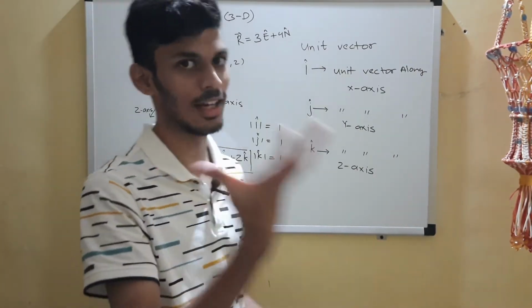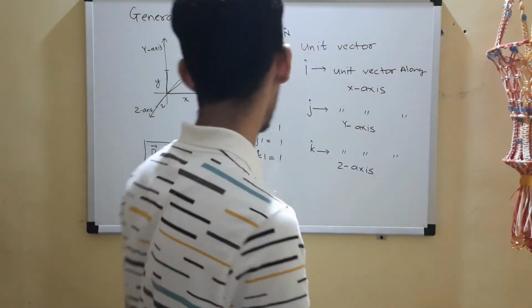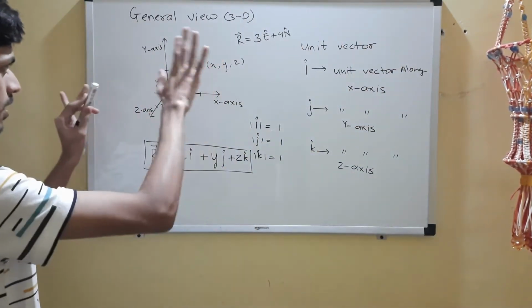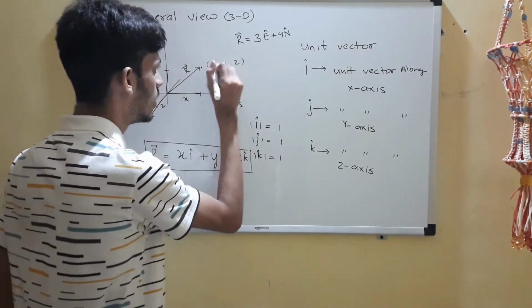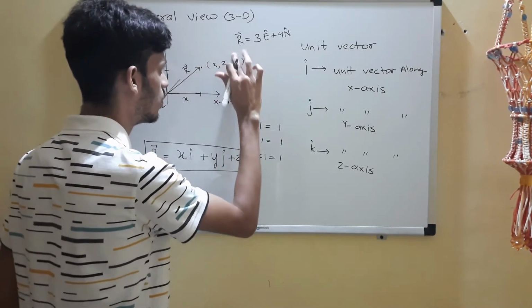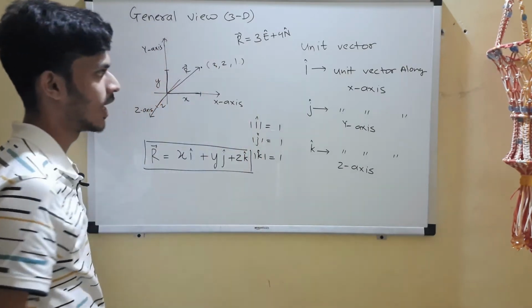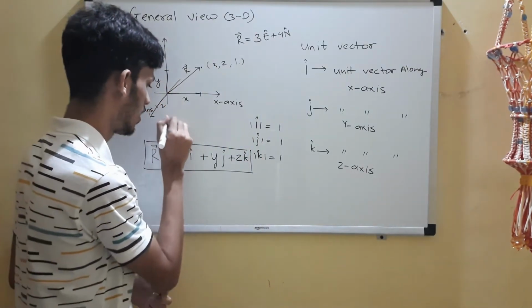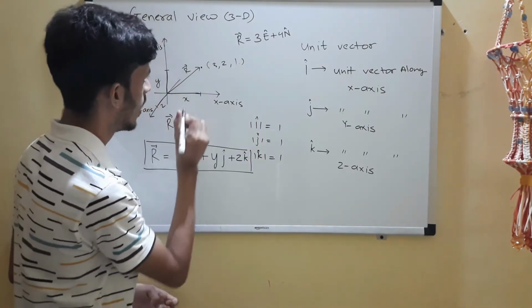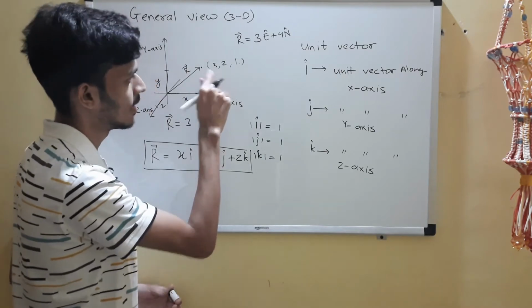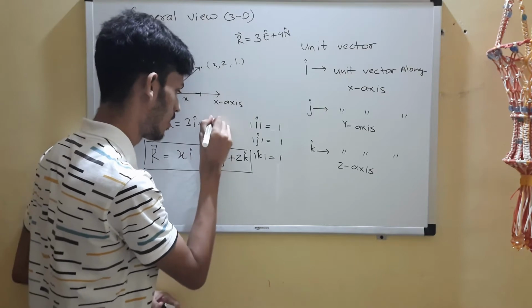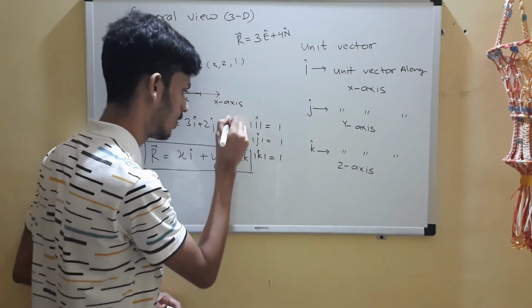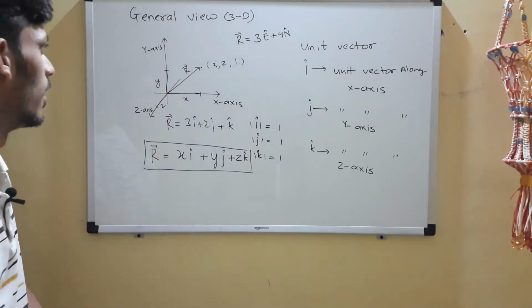How will you write a vector in its component form if you are shown its diagram this way? Suppose these are some random points, 3, 2, 1. How will you write this vector? Easy, right? R bar is equal to x, which in this case is 3, so 3 i cap plus 2 j cap plus k cap, or 1 k cap, whatever you want to write.